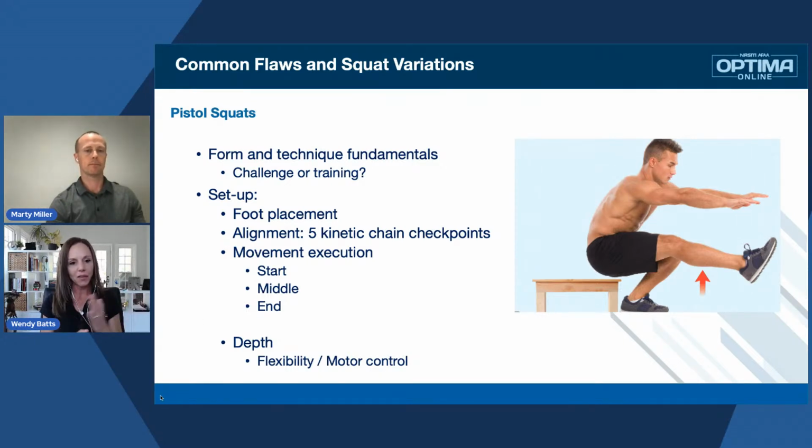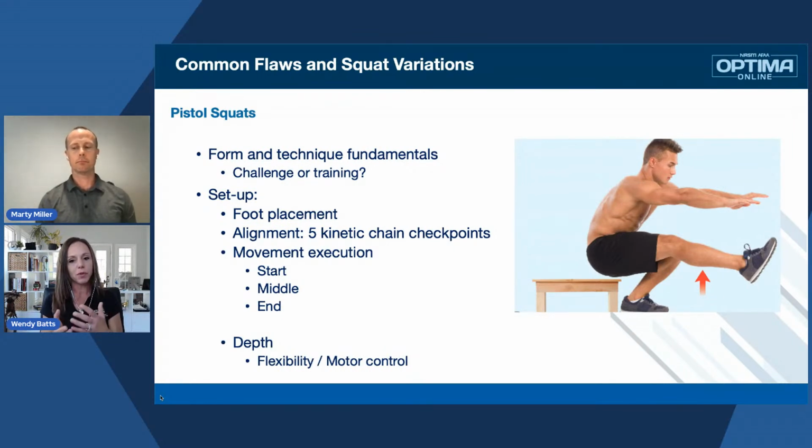So therefore, they have to have more of an excessive forward lean just to do a regular squat, not just a pistol squat. Then if you're going past chair level, at the very end of a squat you're probably going to have to posteriorly pelvic tilt, because you're going so low that the body is going to have to compensate to get you back up. And then you have to have really good flexibility and strength in your hip flexors and in your hamstrings in order to hold your leg out.